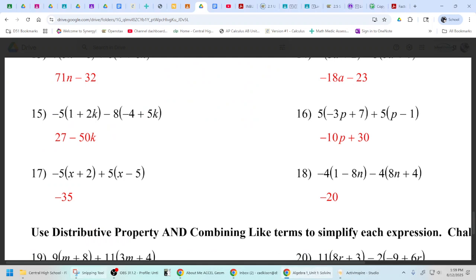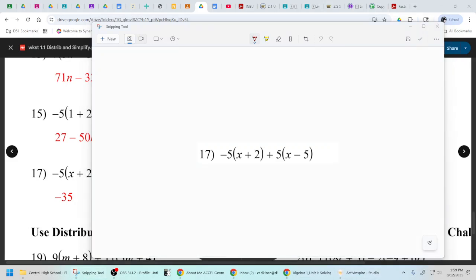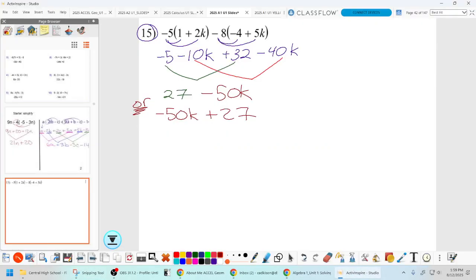17. Let's do it. Alright. Distribute. Oh, not that far. And distribute. So we get negative 5x minus 10.